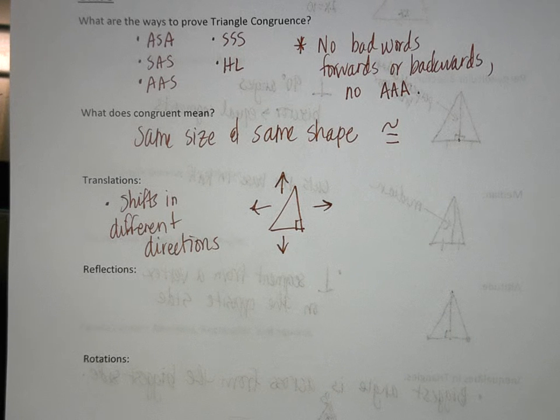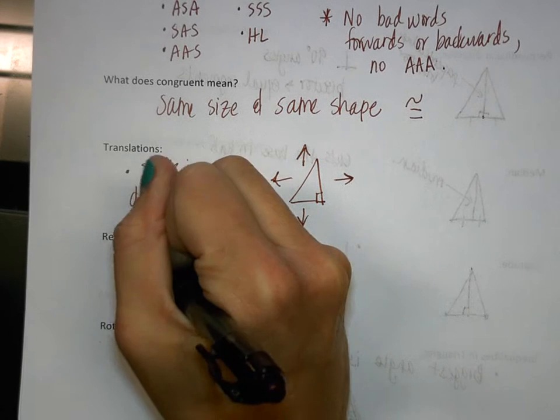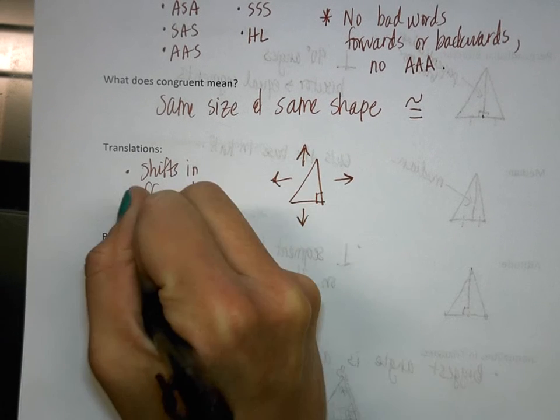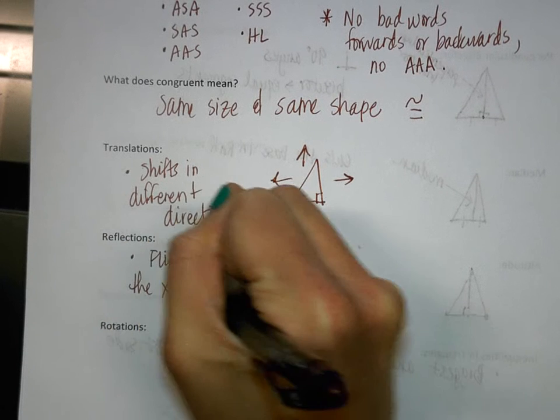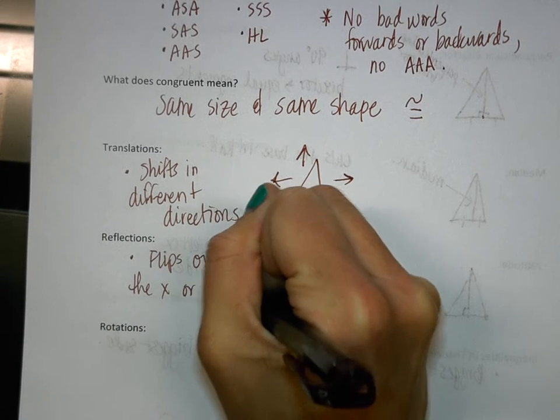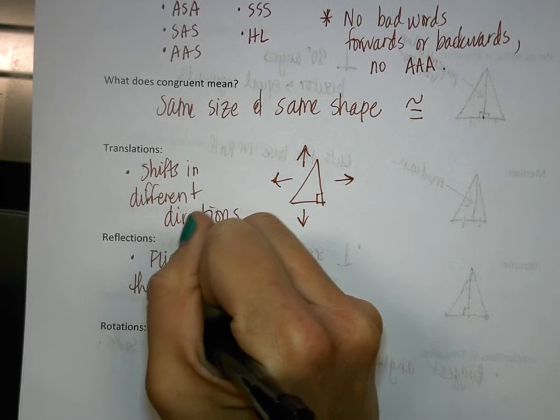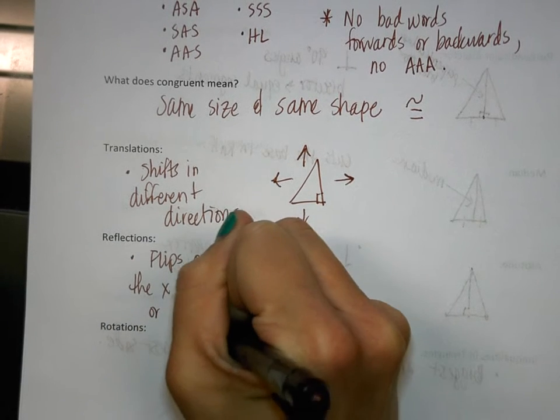Okay, what do reflections do? Yeah, I would explain a reflection as a flip. So I'm going to put flips over the X or Y axis. Or it could also be a point. I'll put or a specific point.